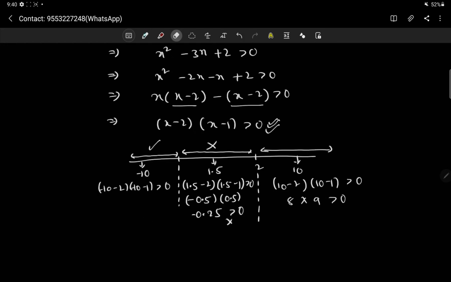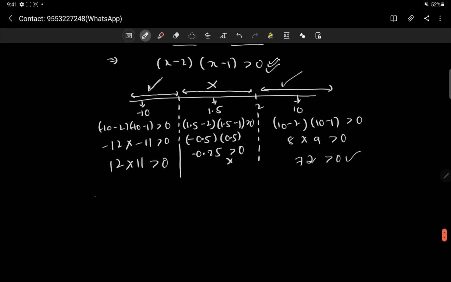Then we get minus 12 into minus 11 greater than 0. So 12 into 11 greater than 0, a correct statement only. So anyway you can take these values. Here we get 72 greater than 0. This is a correct statement, so you can take these values.